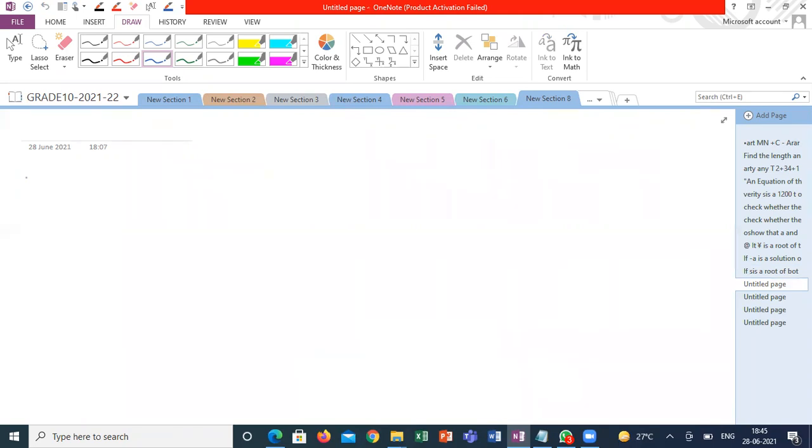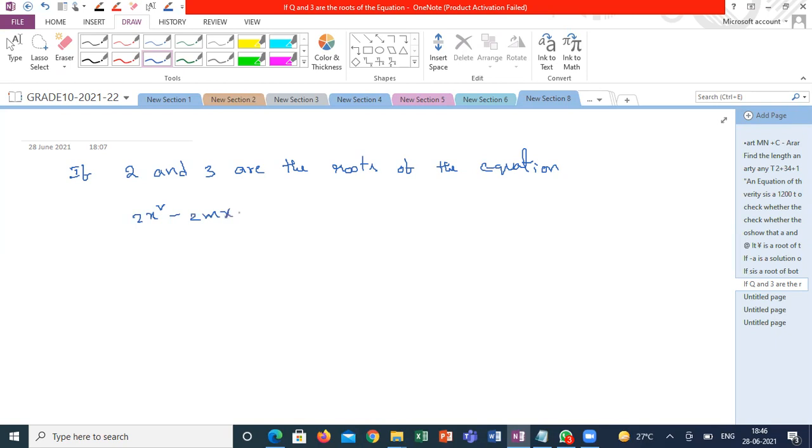If 2 and 3 are the roots of the equation 3x square minus 2mx plus 2n is equal to 0, find the values of m and n.